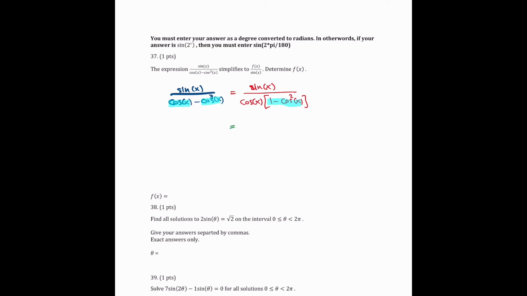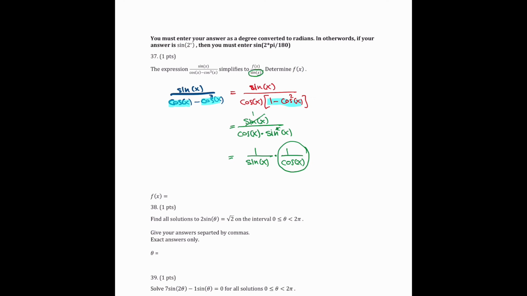So this is going to become sine x over cosine x times sine squared x. One of these sines is going to cancel with the sine in the numerator. Now I can rewrite this as 1 over sine x times 1 over cosine x, and I'm going to convert that because I need sine in the denominator.